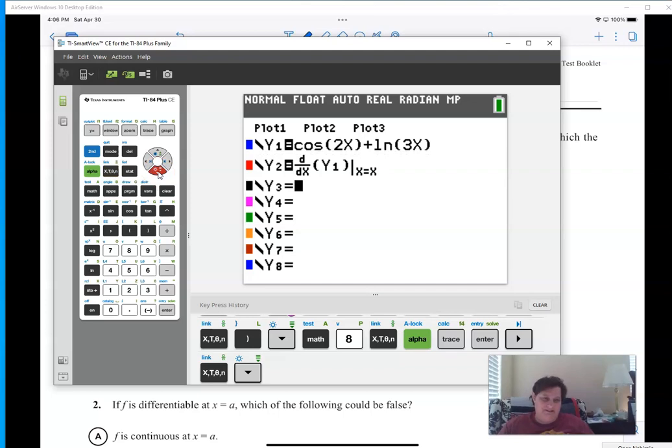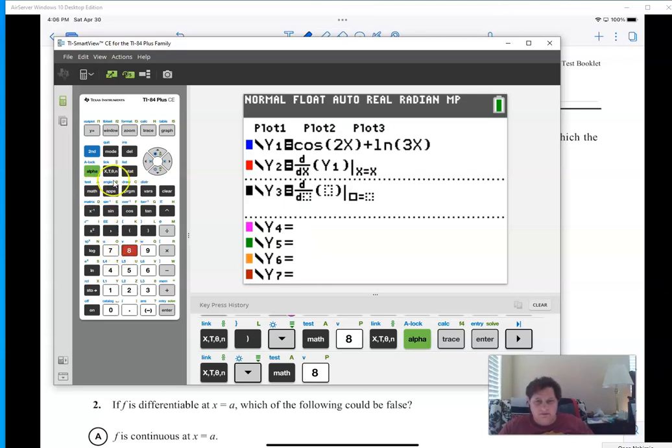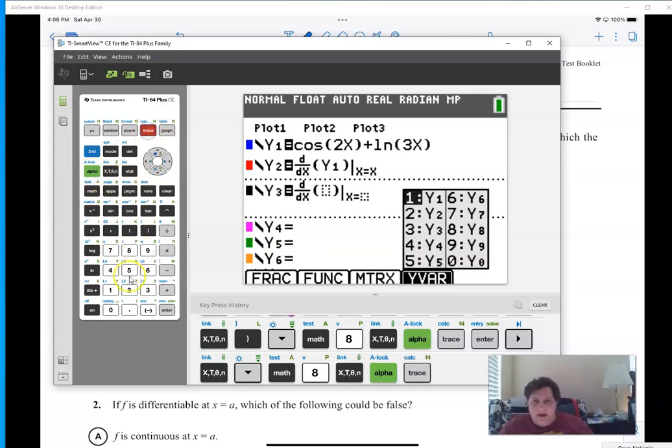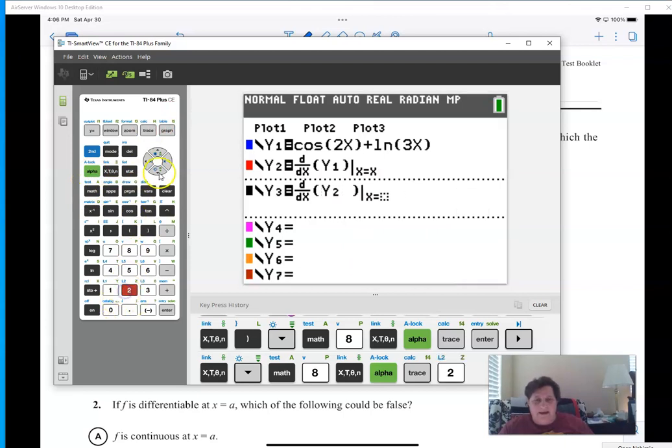And then I was thinking just now, well, certainly there's no way that I can take another derivative, but check this out, you guys. I actually think that we can. It appeared to be working for me anyway, so check this out. Now I'm going to take the derivative of y2 with respect to x. Okay?